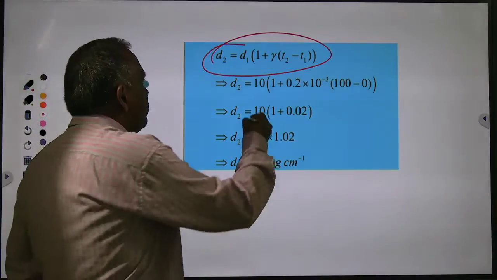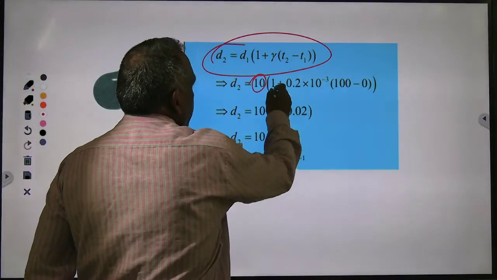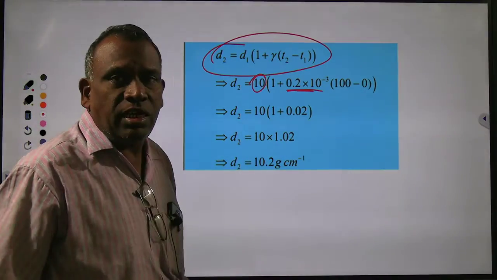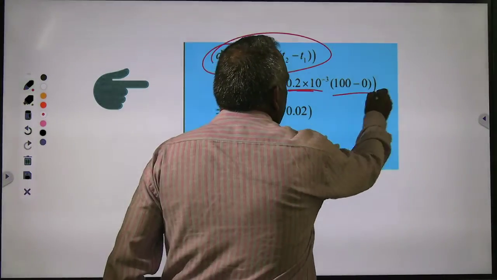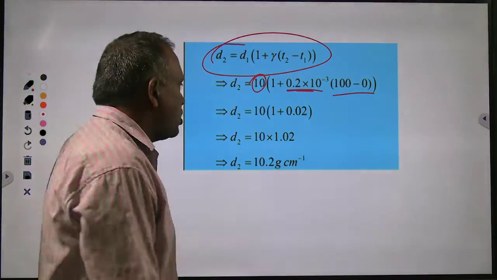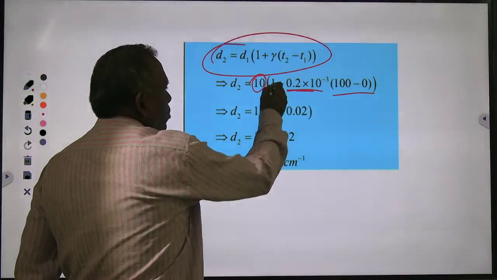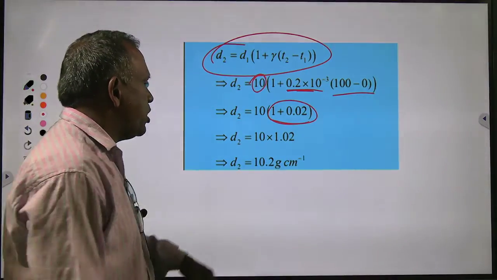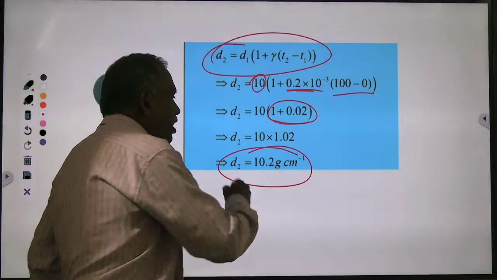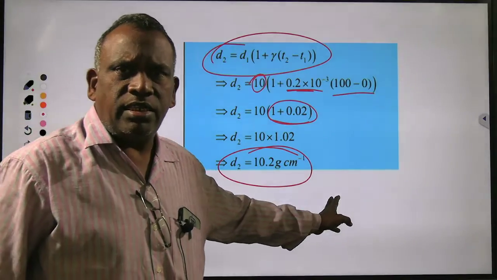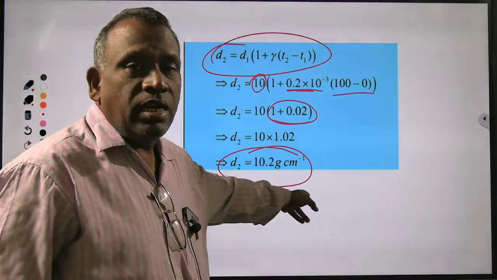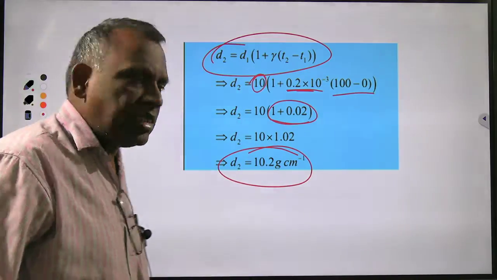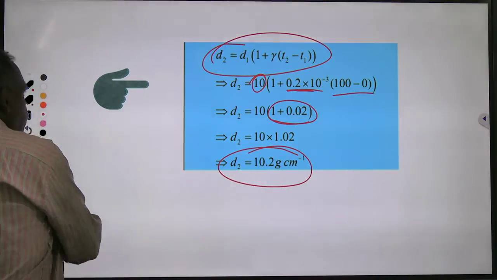So d1 is 10 grams per cc, 1 plus gamma value 0.2 into 10 power minus 3 into change in temperature 100 minus 0. Simplify this, you will get 1 plus 0.02, that becomes 1.02 into 10. It means the density at 100 degrees centigrade is 10.2 grams per cc. You can solve like this.